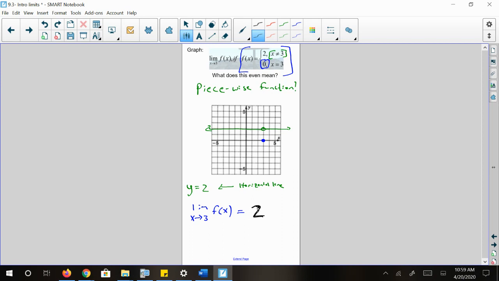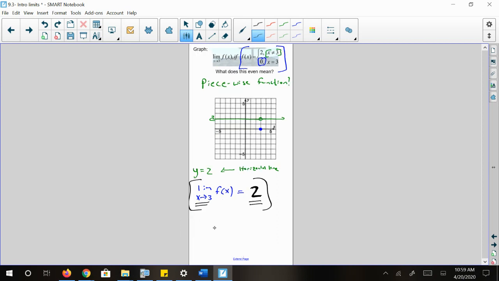Now, that doesn't necessarily mean that at an x value of 3, we are exactly at a y value of 2, okay? It doesn't exactly mean that, but what this means is what's happening as we get close to it. And as we get close to 3, we are approaching a y value of 2, therefore, this is the answer for the limit. Okay. Now, if I ask this question, what's f of 3?